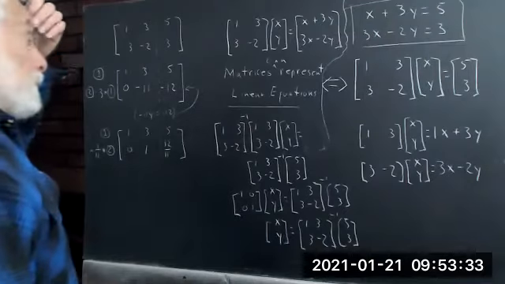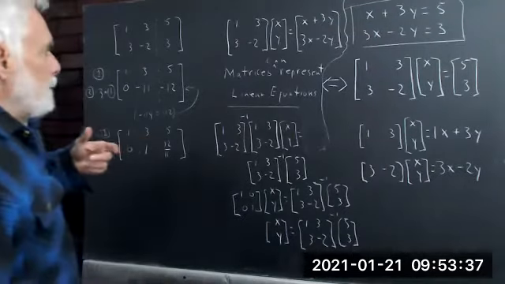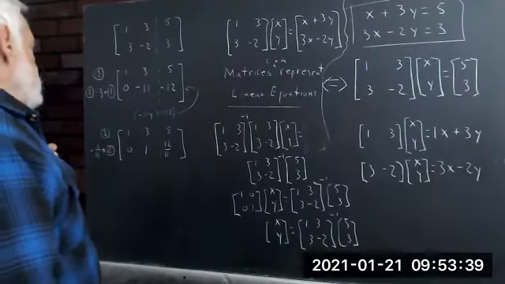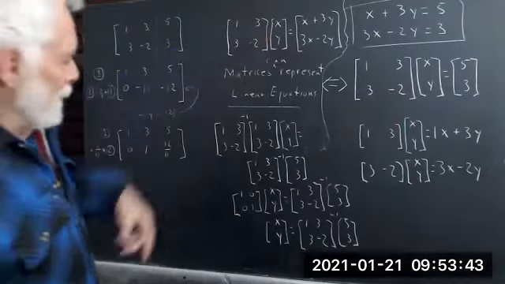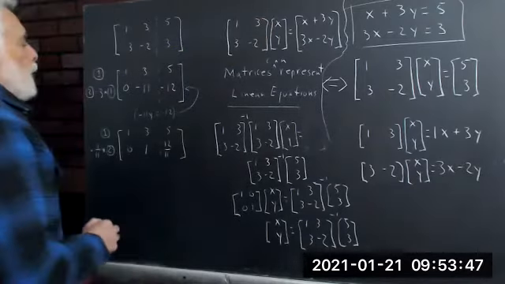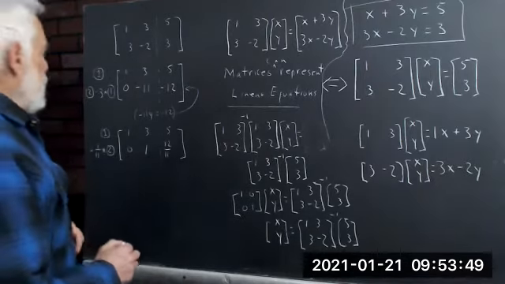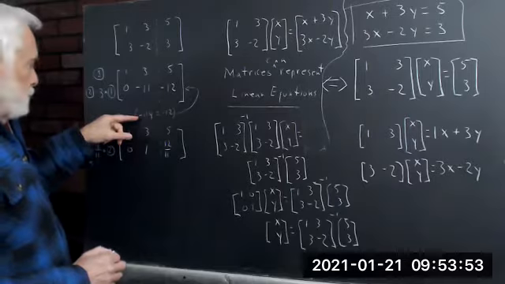That's equivalent to adding, well, actually, this one isn't exactly analogous to what we do. What I'm going to do is I'm going to add -3 times this row to this row.